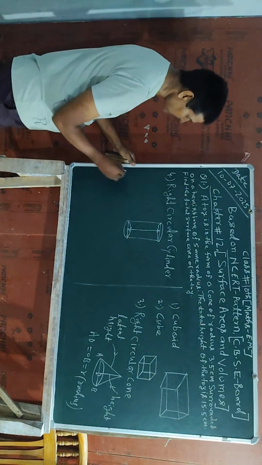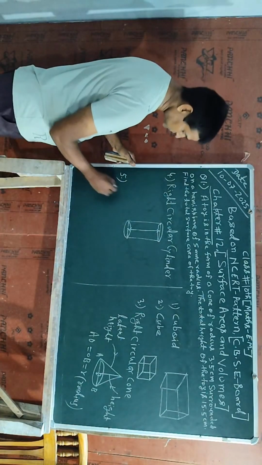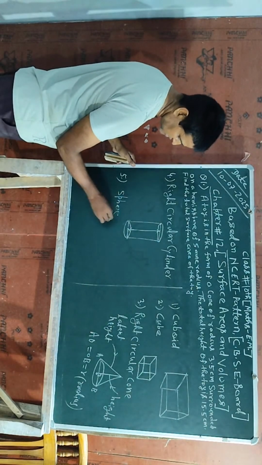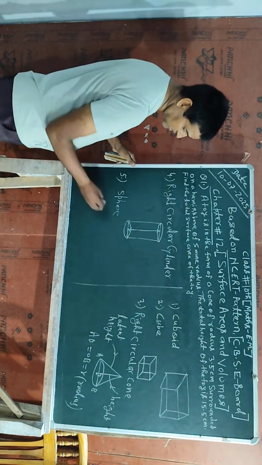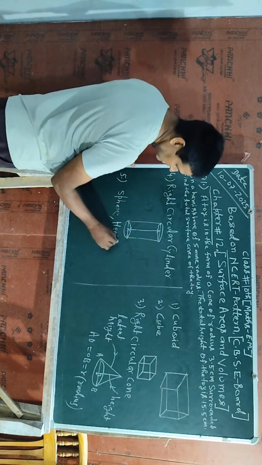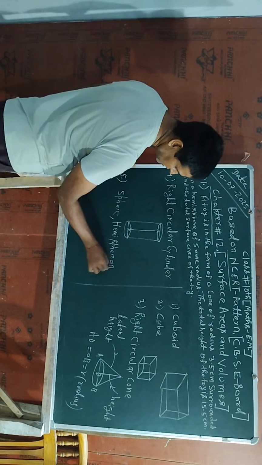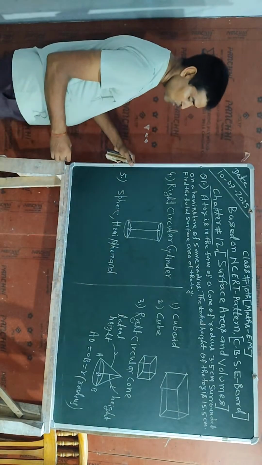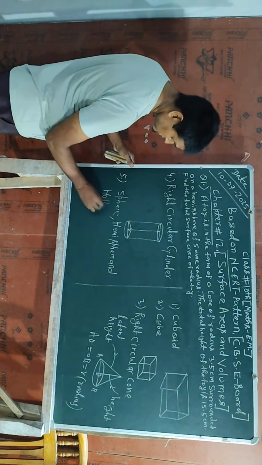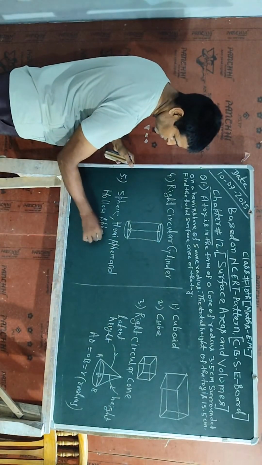Now the next topic I have to explain, that is the 5. Here I will write about the sphere. Here is the sphere, the hemisphere, and also we will explain about the hollow sphere.